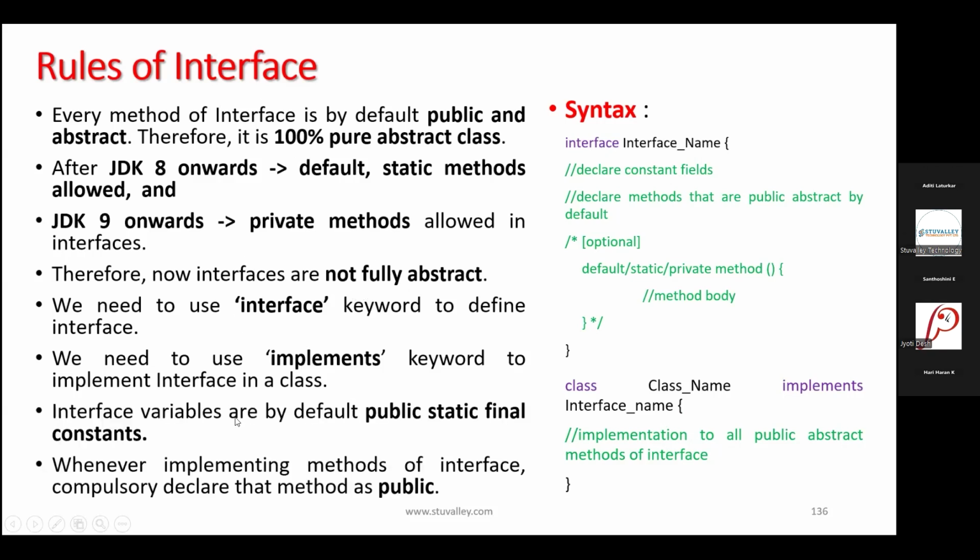So, interface variables. You can define variables also inside an interface. Interface variables are by default public static final constants, which are never going to change. You have to provide the value to them.